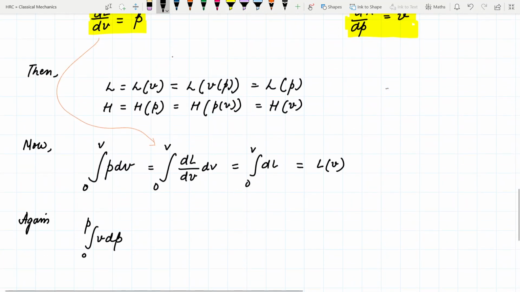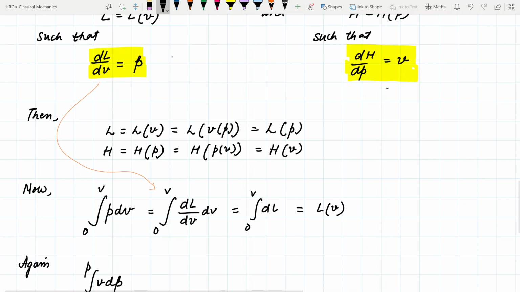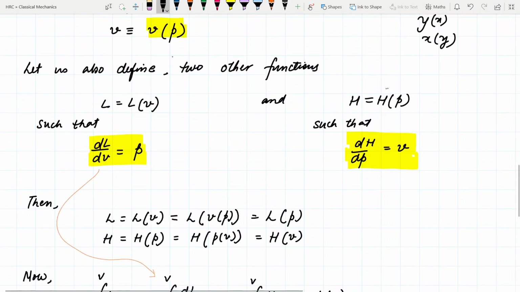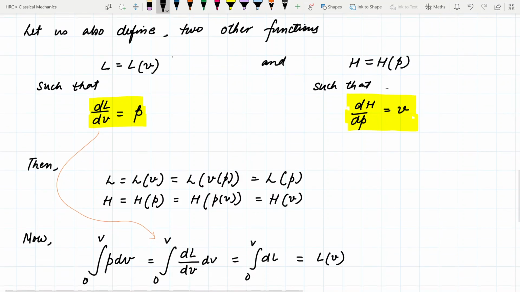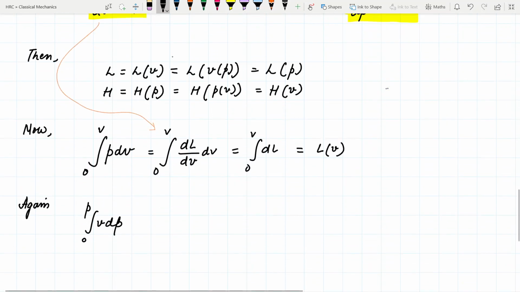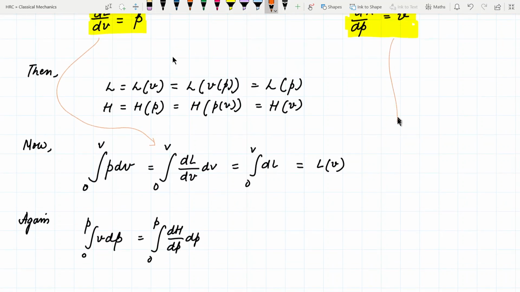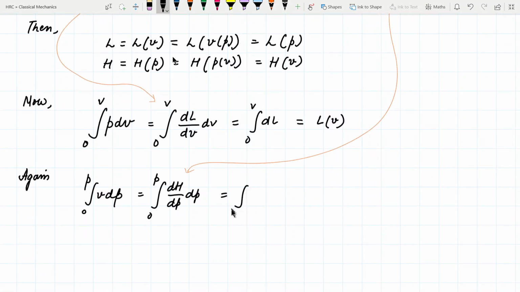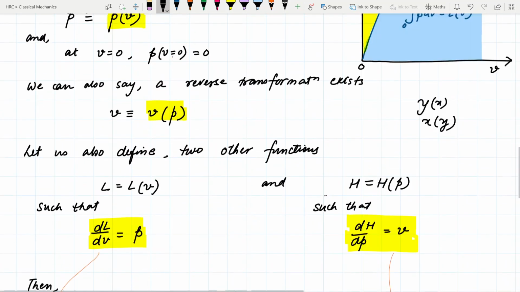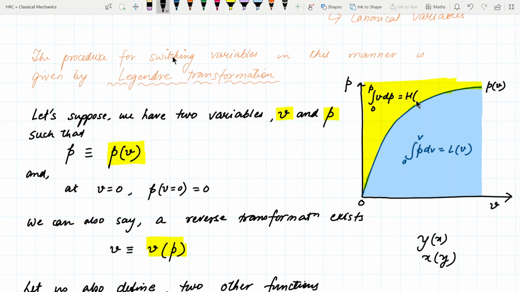Similarly, v can be written as dh upon dp. So this is equal to the integral from 0 to p of dh upon dp, which I have just brought from here. So this is nothing but the integral from 0 to p of dh, which equals h in terms of p, h(p). That's the function that I've defined.